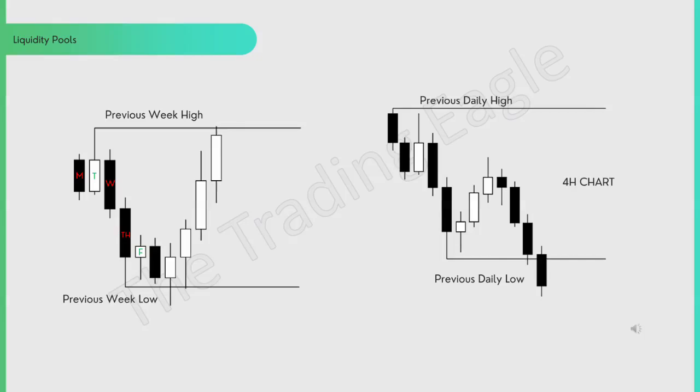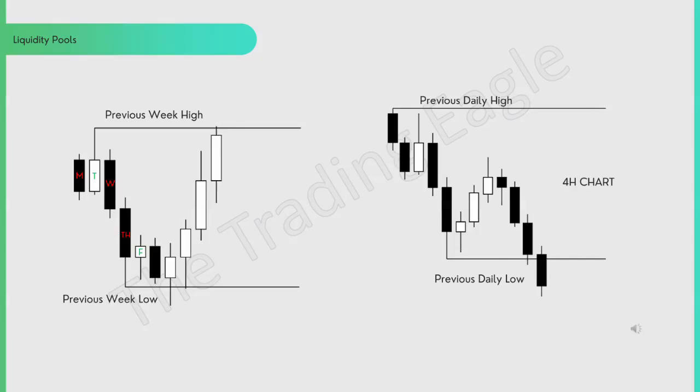So then also previous daily high and previous daily low, the same way. Maybe yesterday's, or let's say the next day's candle, we want to sweep the previous day high or the previous day low depending on the order flow of the market.